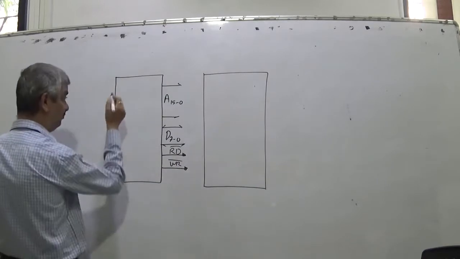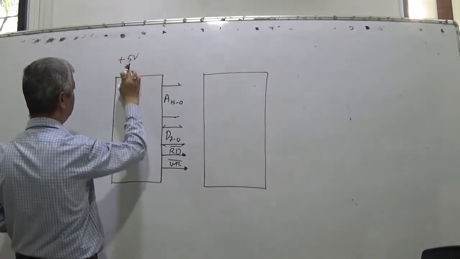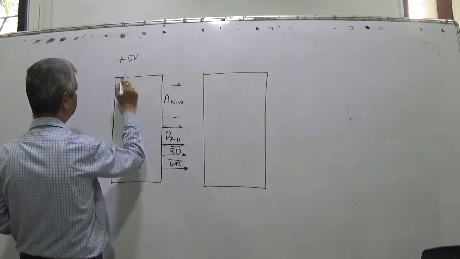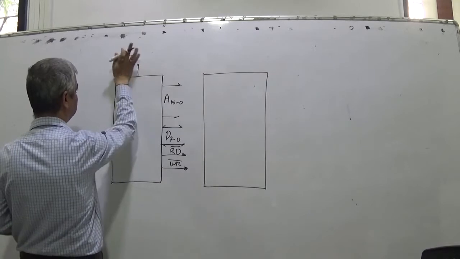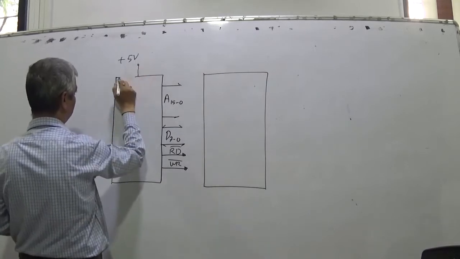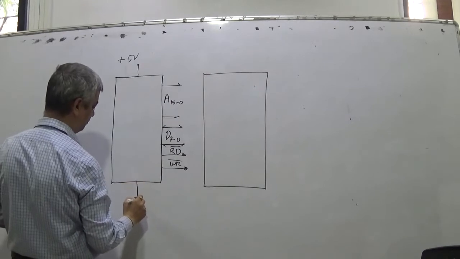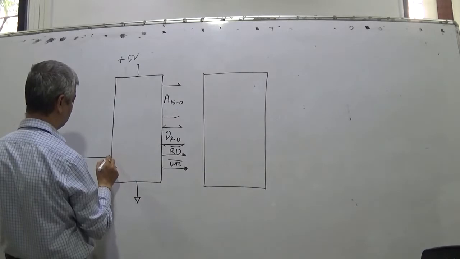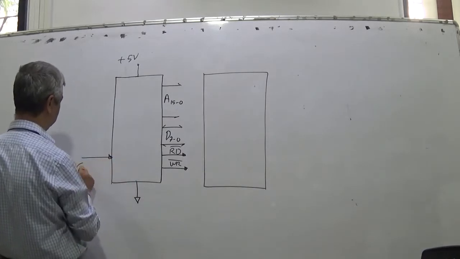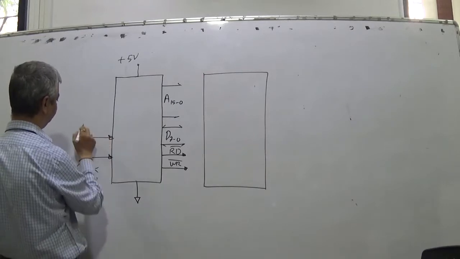It obviously has power supply lines, plus 5 volts, which can also be called VCC. Now there can be somewhat lower voltage level operations also, since new chips are there. It also has one clock and a reset.